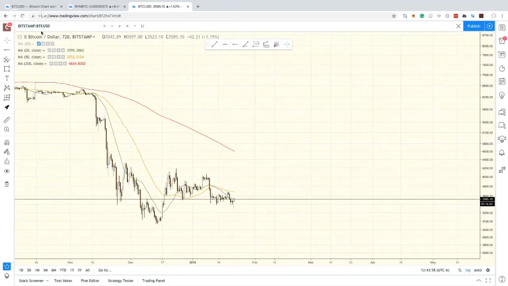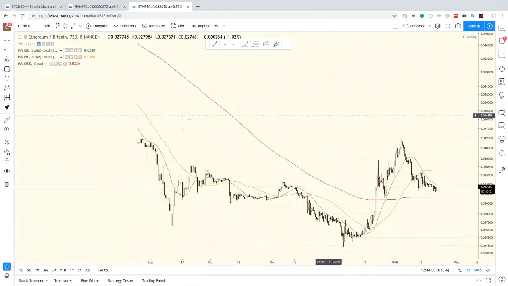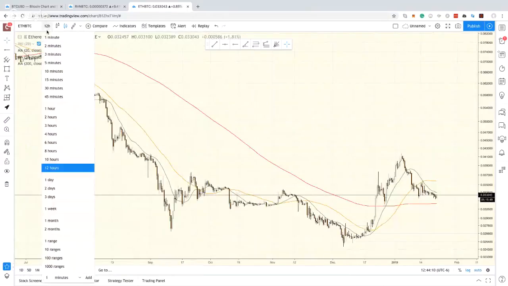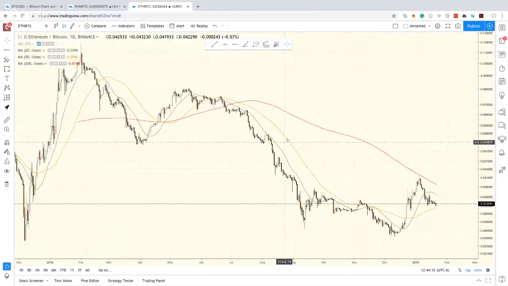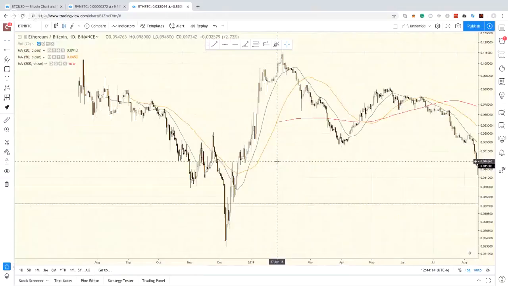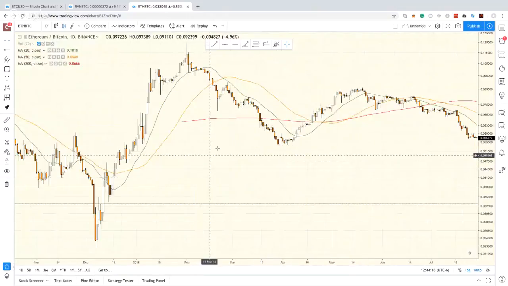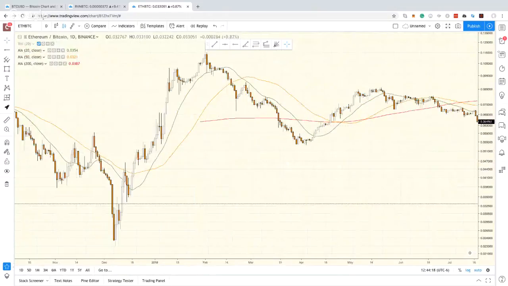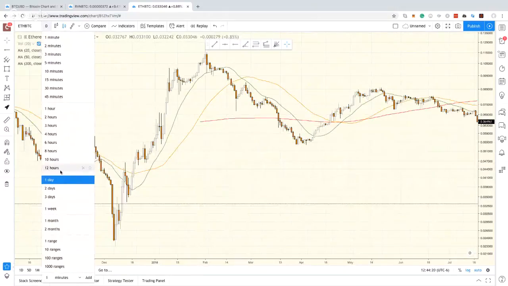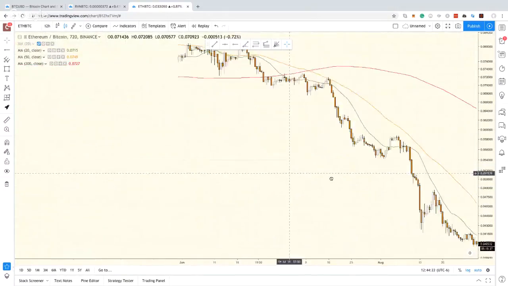And this is the same strategy in alts. So, for example, let's take a look at Ethereum BTC. Let's go to the daily here. So here, you don't have the 200 MA because you don't have enough data.